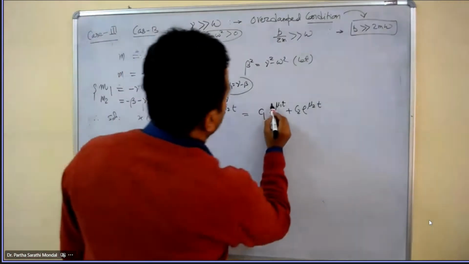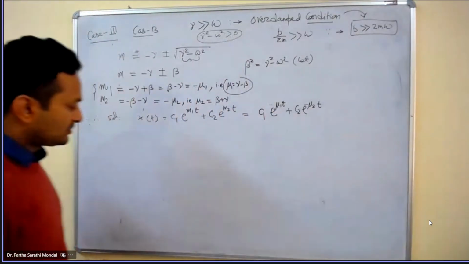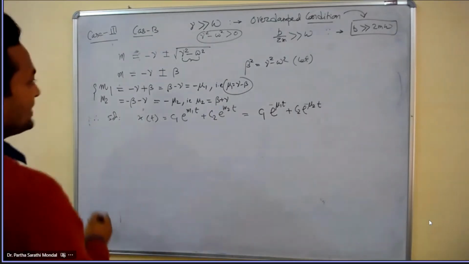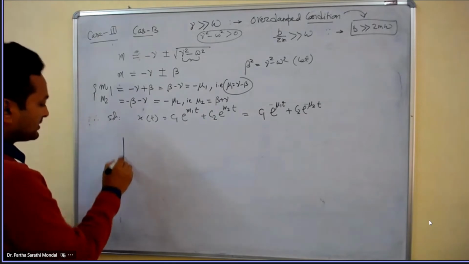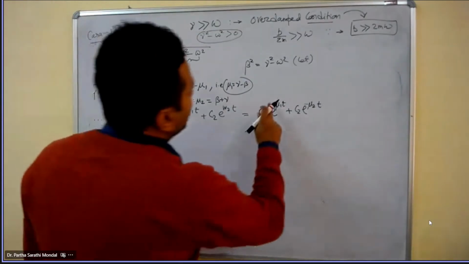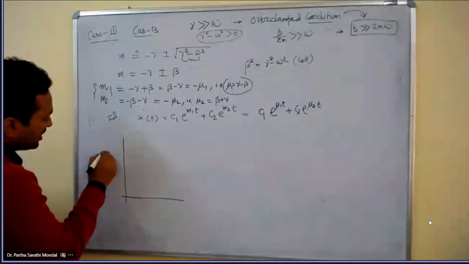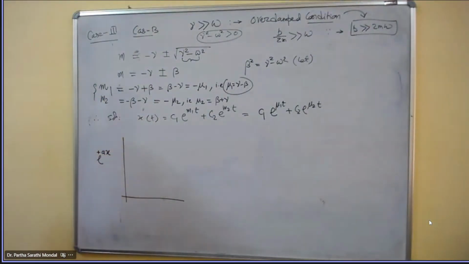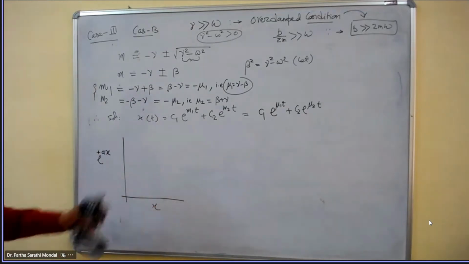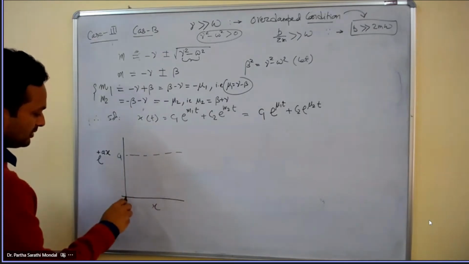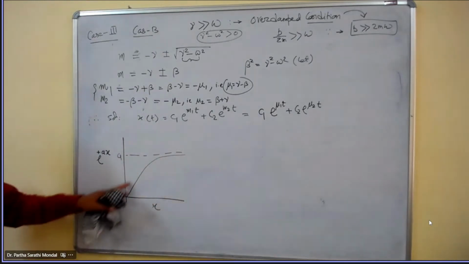But sir, why have you put a minus there? For damping, the amplitude should decrease. If I make it plus and plot e to the power x, it becomes an increasing function, like this.